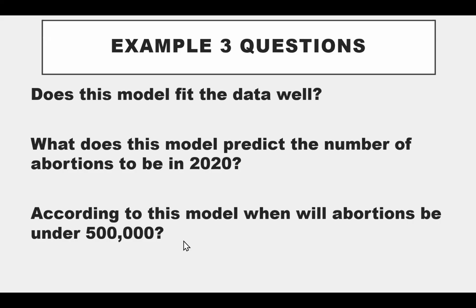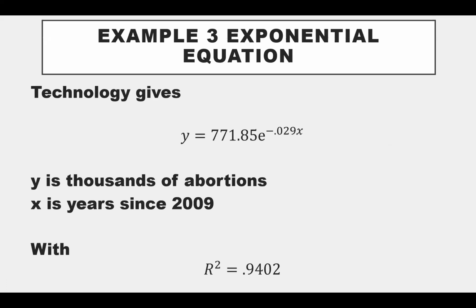Again, per year. We'll round all those numbers to a couple of decimal places. If you want to go ahead and push pause on the video and try to figure out these things on your own using this exponential equation that we found via technology and this R squared that comes with it, in a couple of seconds, I'll show you how it's done.